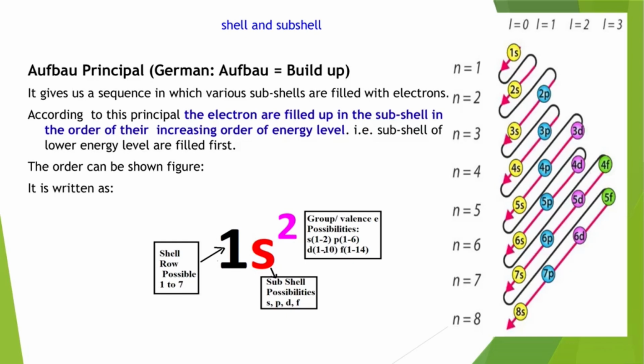Yesterday again we studied how to arrange electrons in various subcells. So, the above principle gives us how we will adjust electrons in various subcells. In German, Aufbau means build up.